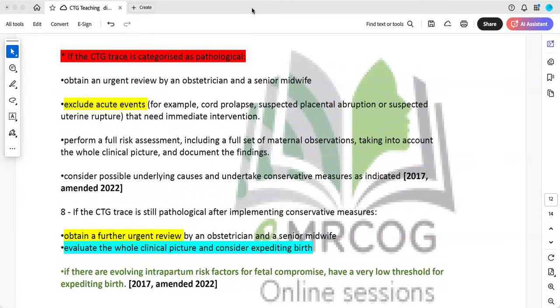Then again, my friend, if it's still pathological, what to do? Please evaluate the whole clinical picture and consider expediting birth. This will be according to the stage of labor and the vaginal findings, either to go for instrumental delivery, if the safety criteria for instrumental delivery are fulfilled, or going for a cesarean section.